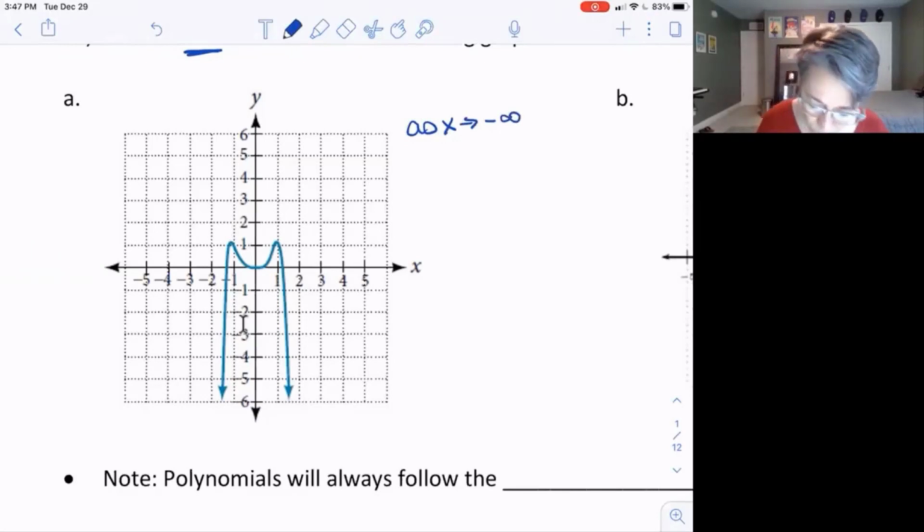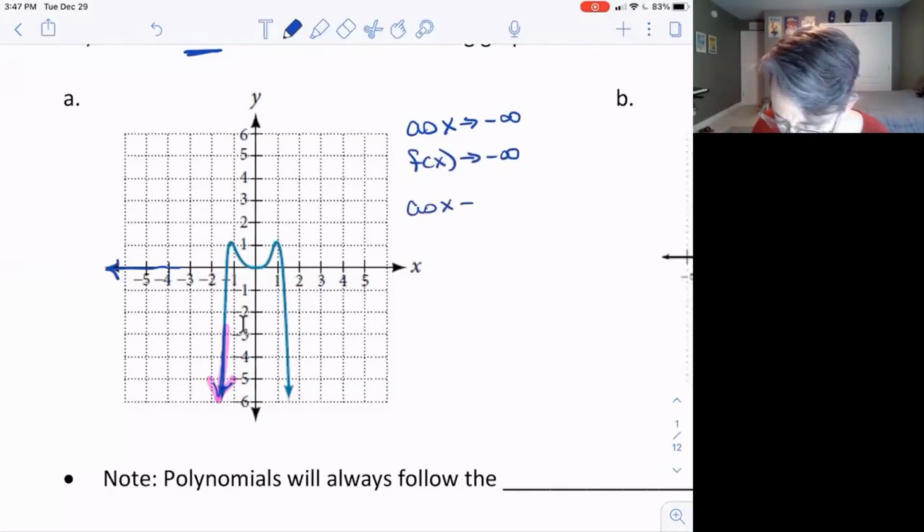As x is going towards negative infinity, and they're in this direction here, where is our y going? It looks like our y here is going down towards negative infinity. So as x is going towards negative infinity, f of x is also approaching negative infinity.